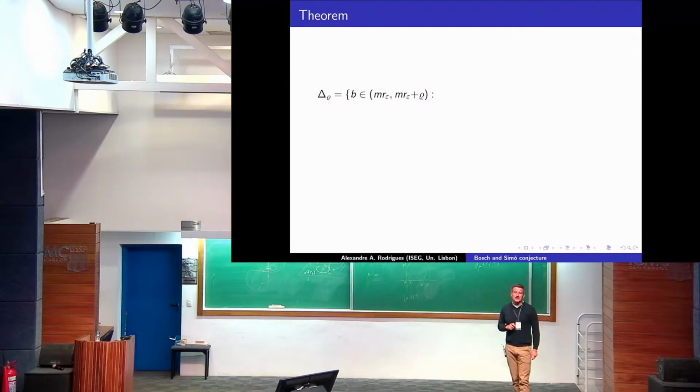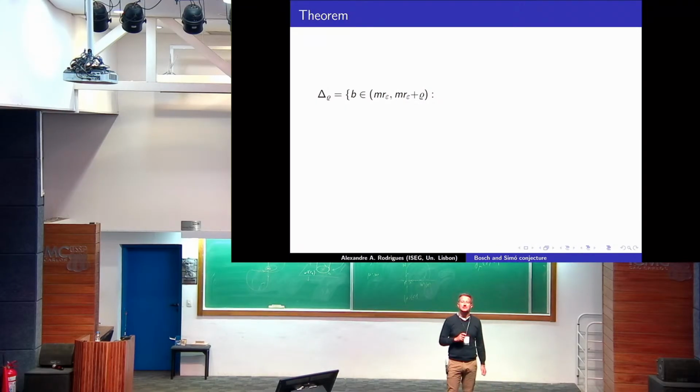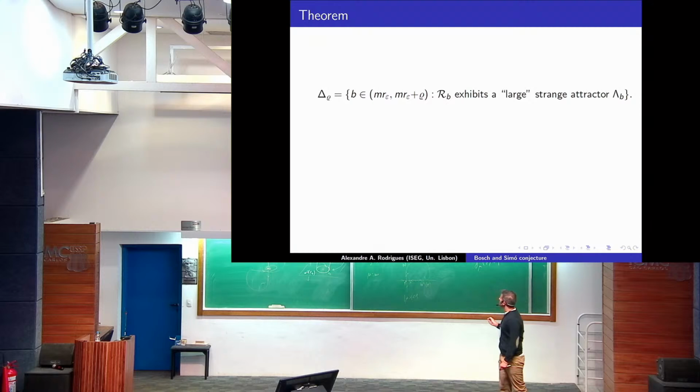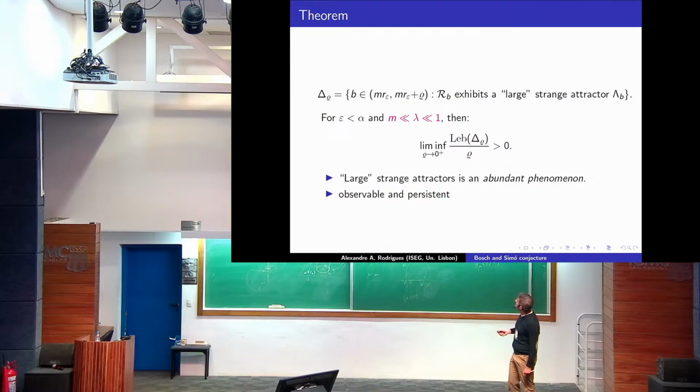But the main theorem is not the existence of rotational horseshoes. The main result says that for B within an interval, the first return map exhibits a strange attractor. Moreover, if I define this set, I have this property. The main information of this property is that the Lebesgue measure of the set of B such that the first return map exhibits a strange attractor is positive.